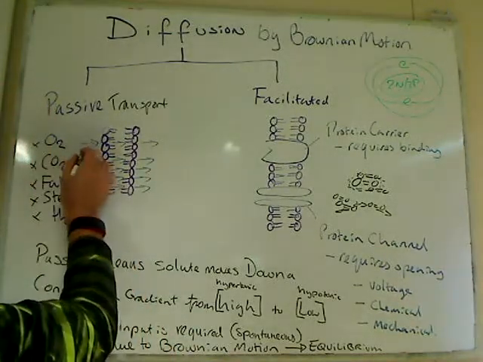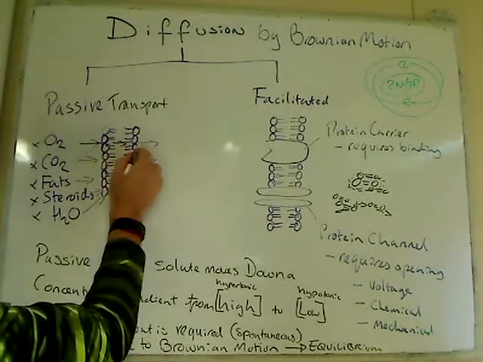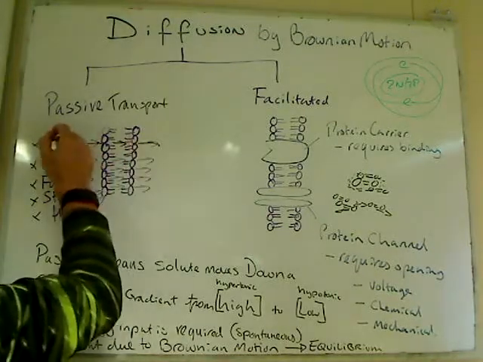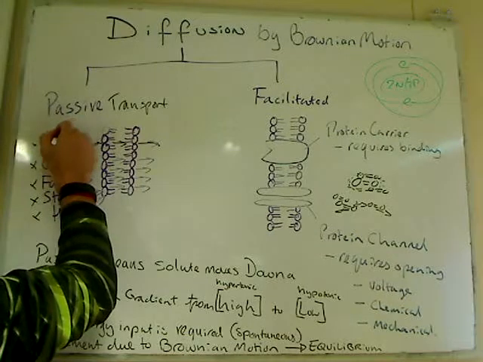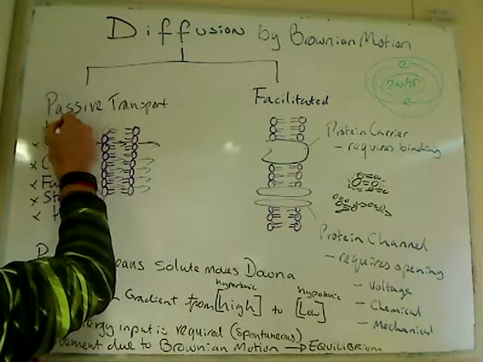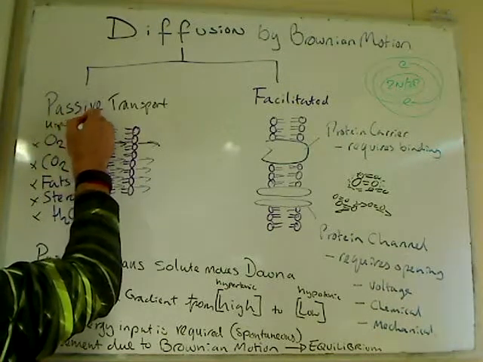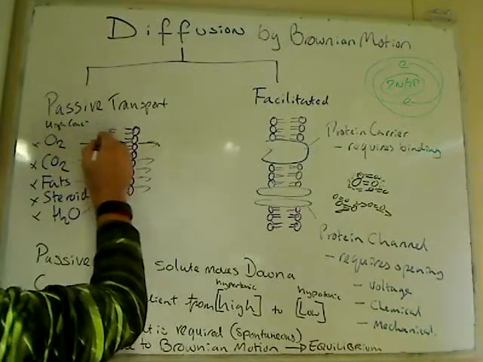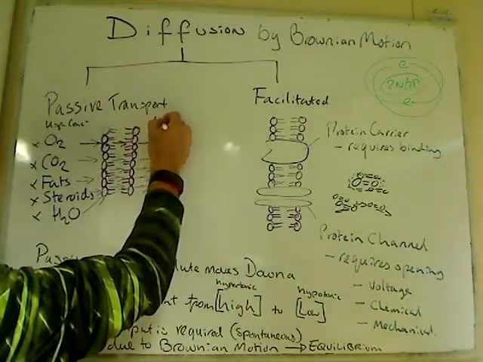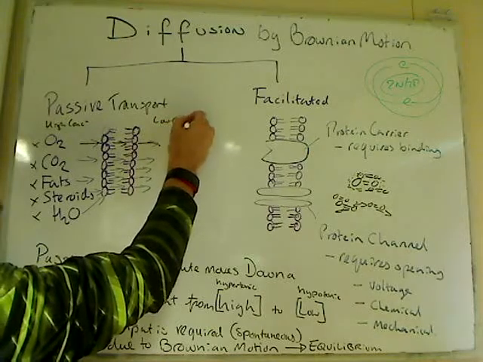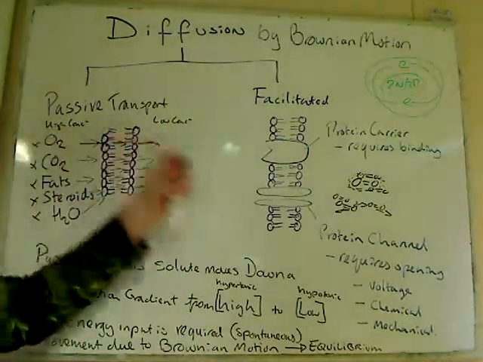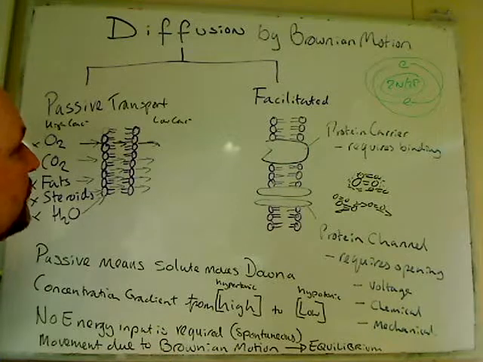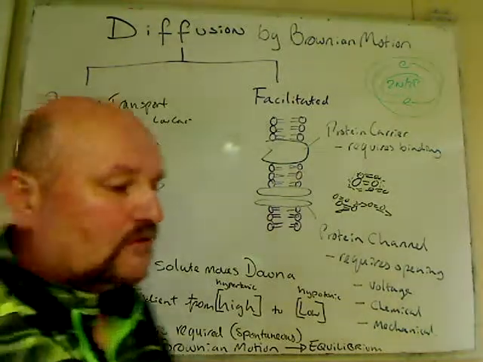So oxygen can go straight through, and that's only if it's in high concentration on this side. I'm shortening concentration to CONC and a little n at the top, to low concentration. And that's just the natural process taking place.